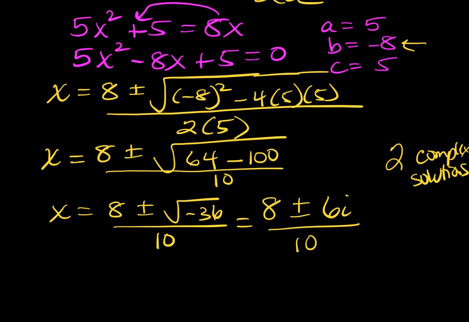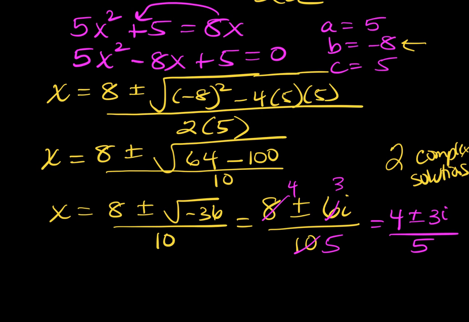I can see that there's a 2 in common to all of these. So I'm going to reduce by 2, which makes that a 4, this is a 3, and that's going to become a 5. So in lowest form, this is going to become 4 plus or minus 3i all over 5.